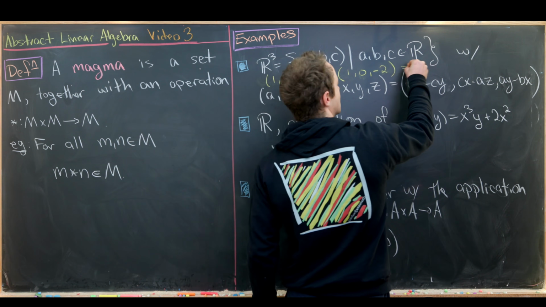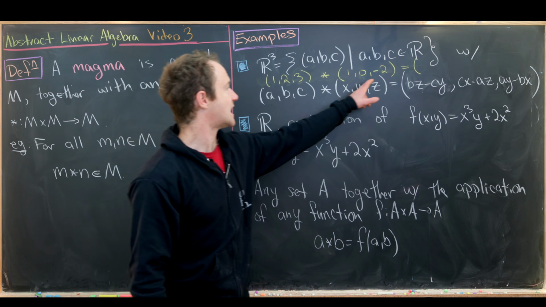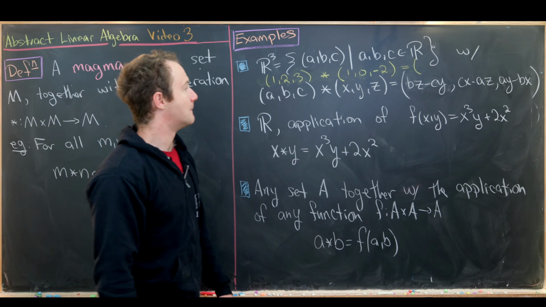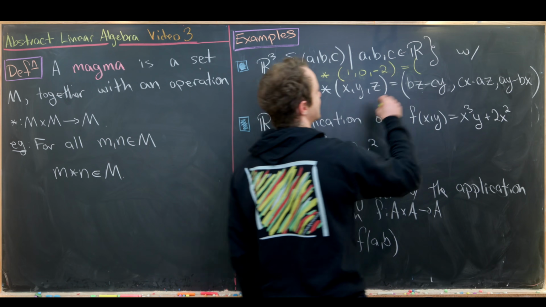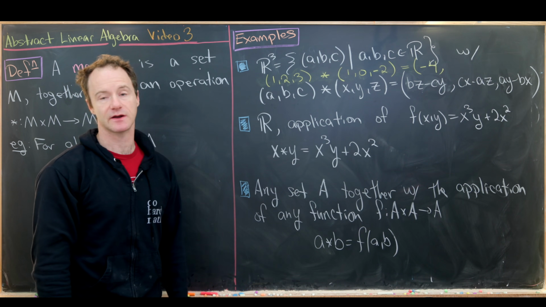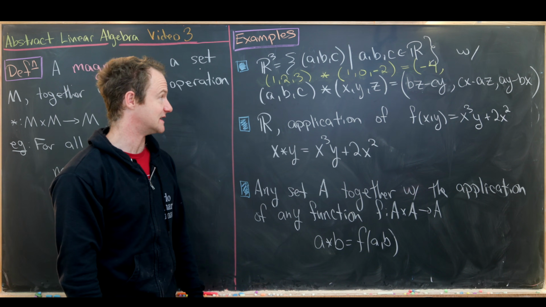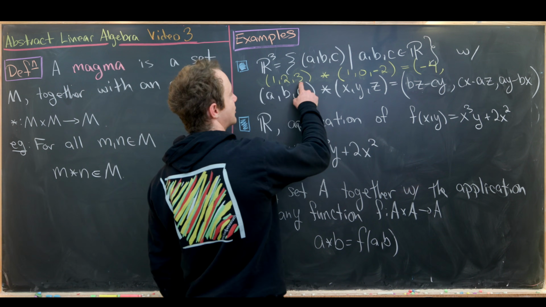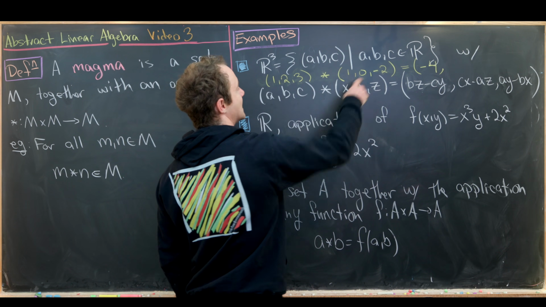Okay, so let's see, we need bz, so that would be 2 times negative 2, minus c times y, so that's 3 times 0. So really we just have 2 times negative 2, so that would be negative 4 in this entry right here. And then let's see, cx minus az. So that's going to be 3 times 1 minus 1 times negative 2.